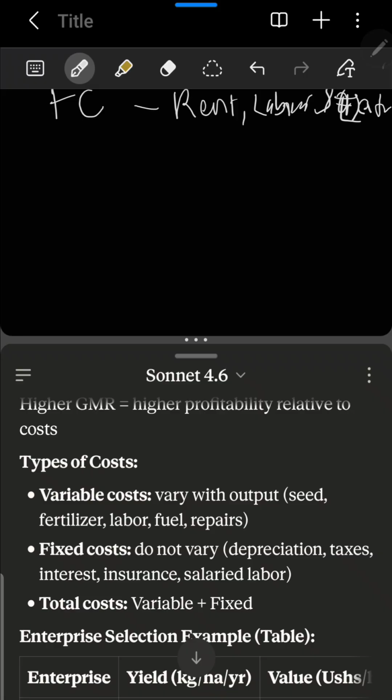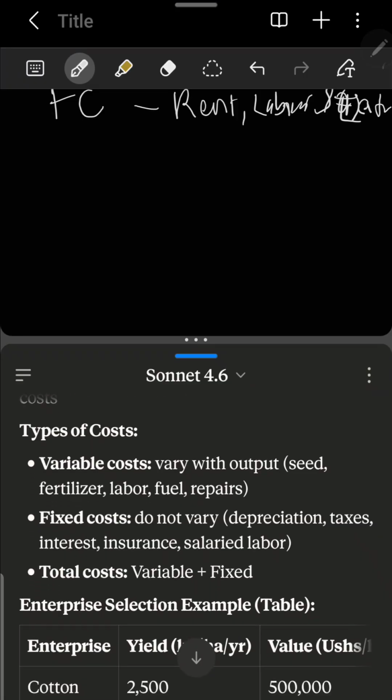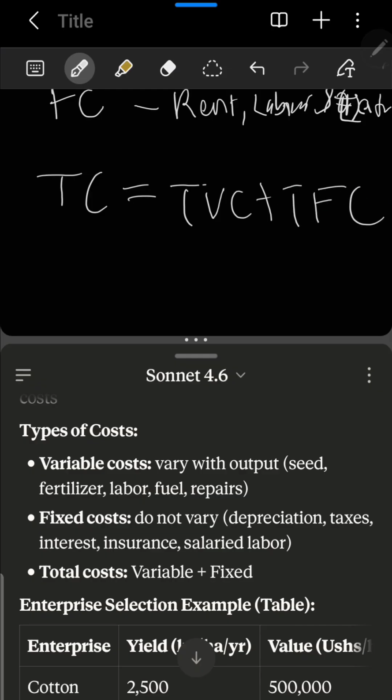All right. That is it for the types of costs. So they vary with output, variable costs; fixed inputs do not vary. Examples: depreciation, taxes, interest, insurance, salaried labor. Then variable, we have seeds, fertilizer, labor, fuel, repairs. Now we have the total costs, which is simply total variable costs plus total fixed costs.